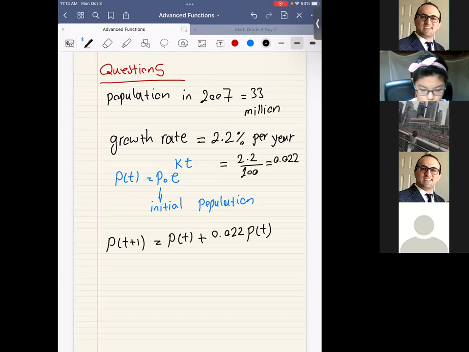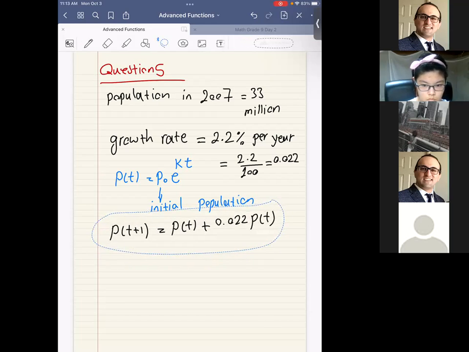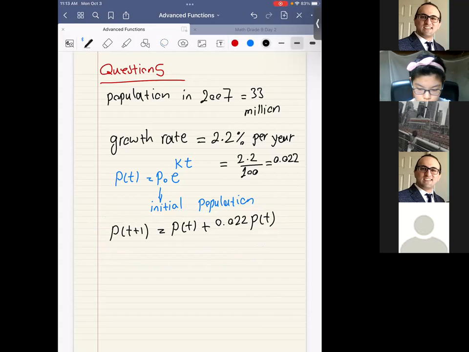So after 1 year, you get this. Let me rewrite this: P of t plus 1 is equal to 1.022 P of t.